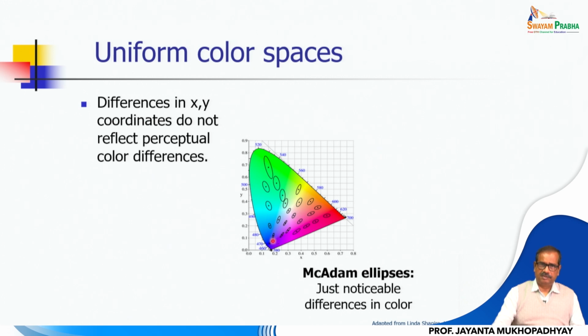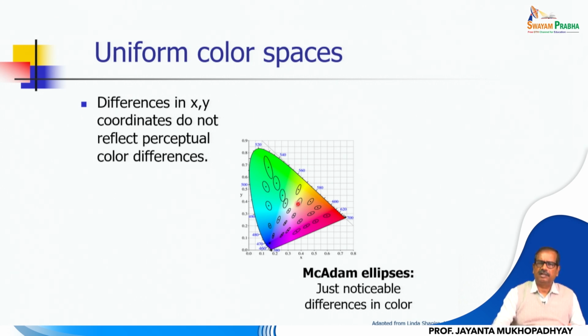But the issue is that the shape of these ellipses is non-uniform and the size is also non-uniform. The neighborhood size increases around green, whereas it is very small around the blue and purple zone, and even in the reddish zone. So this space is not very uniform.